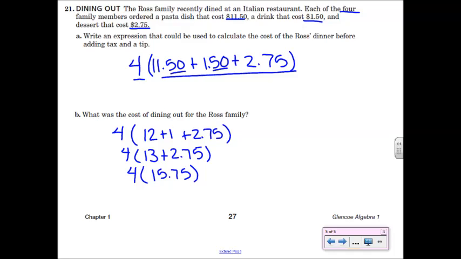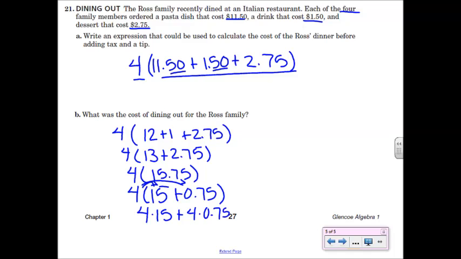And then $15.75, since I'm trying to do this in my head, I'm going to replace with 15 plus 0.75. And then I'll use the distributive property. And I have 4 times 15 plus 4 times 0.75.